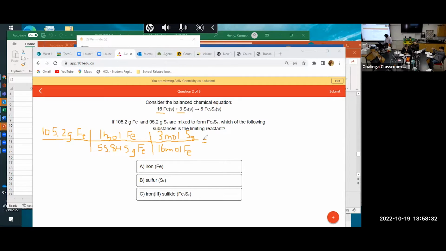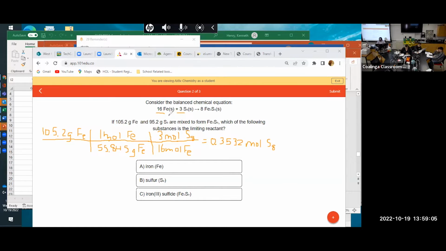Could have made a mistake. Wait, can you repeat it? I got 0.353. Okay, it should be 4 sig figs. Right, so then it should be 0.353. You guys get this? Yes.